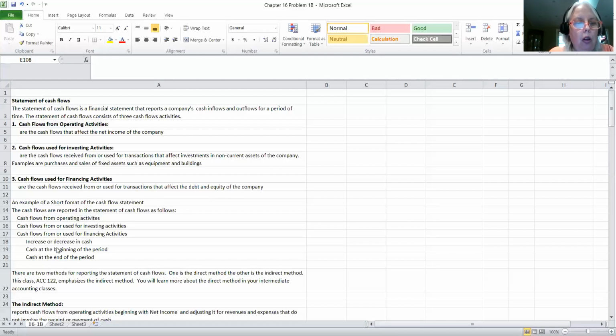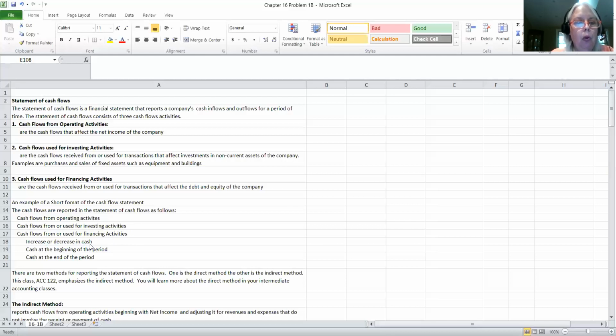In this portion of your notes that I've given you, this is an example of a short format of the statement of cash flows. Notice that the statement of cash flows has the operating activities section, the investing activities section, and the financing activities section. Once you have all of these listed on the statement of cash flows, then you combine all of these activities together to determine an increase or a decrease in the cash for that period of time.